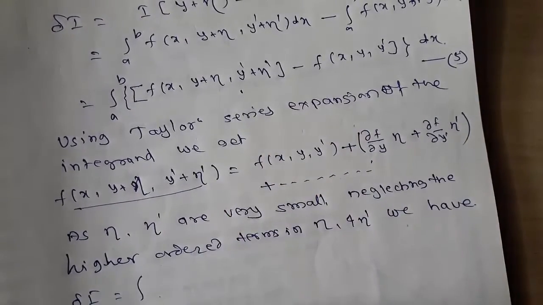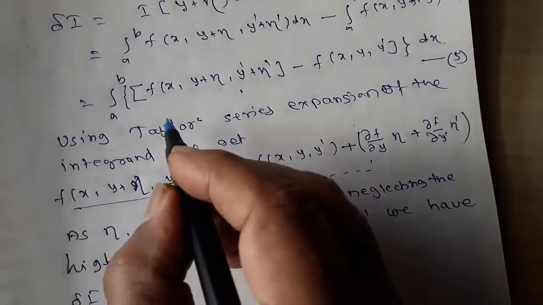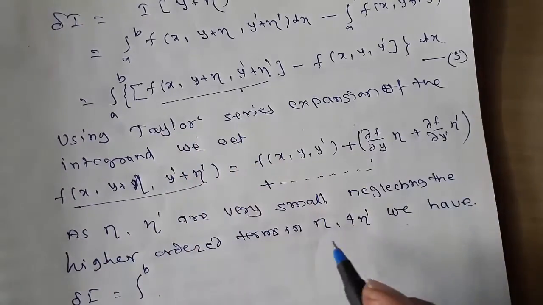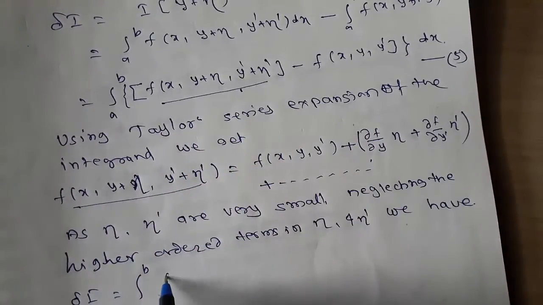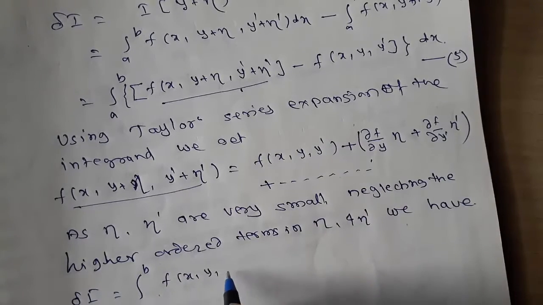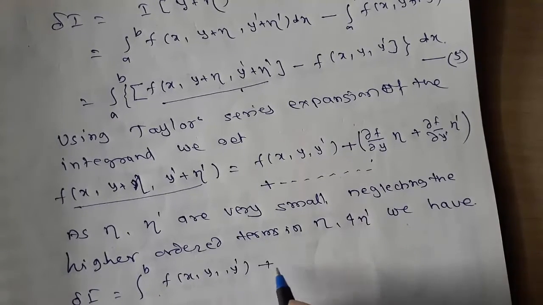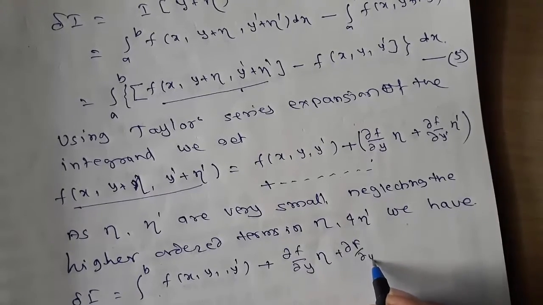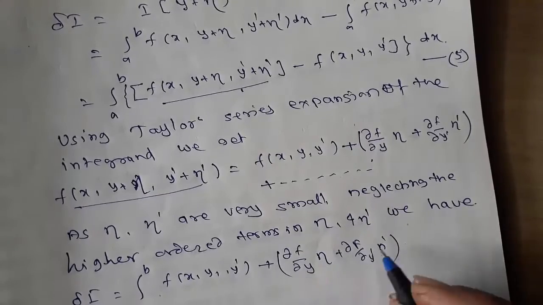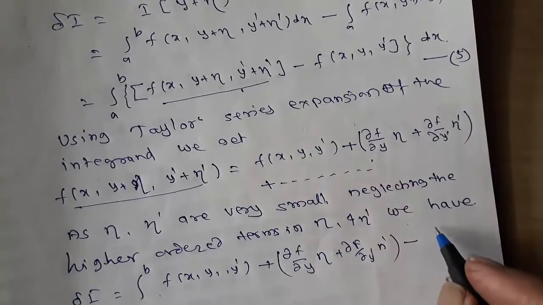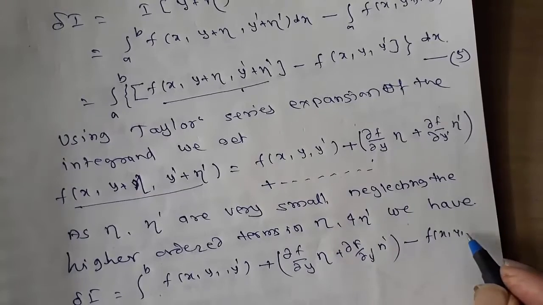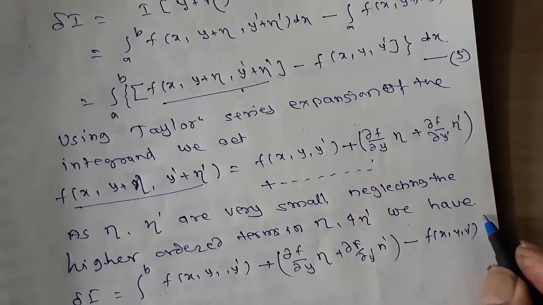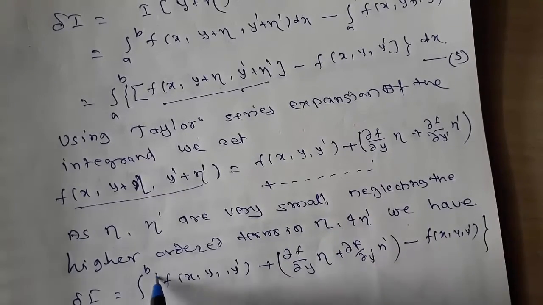We get delta I equal to integral a to b of f of x, y, y dash plus dou f by dou y eta plus dou f by dou y dash eta dash minus f of x, y, y dash dx.